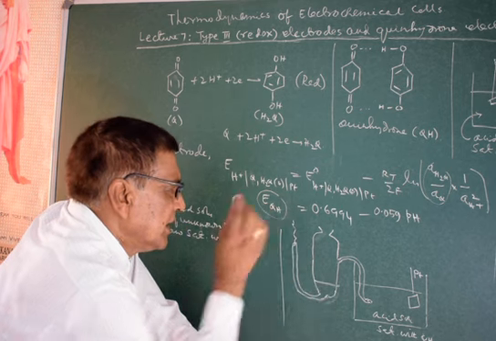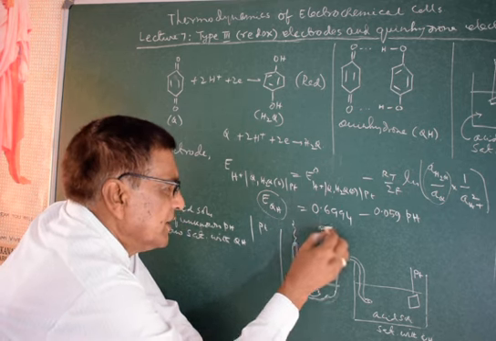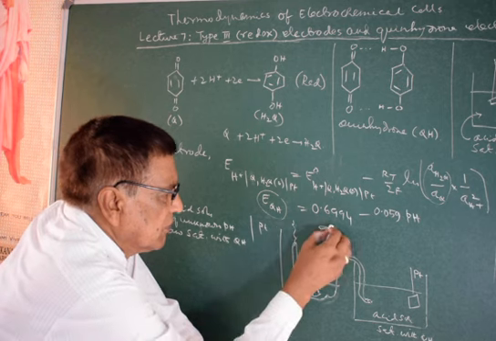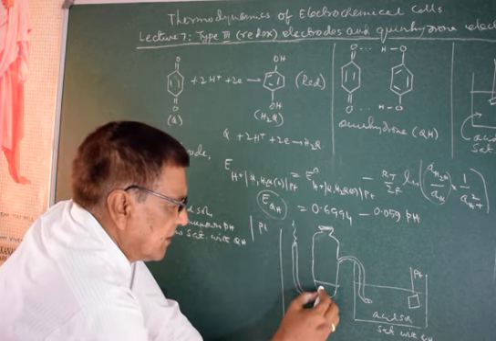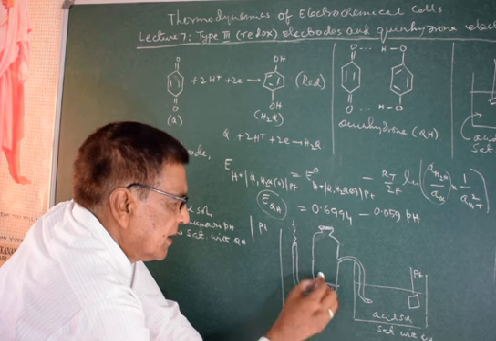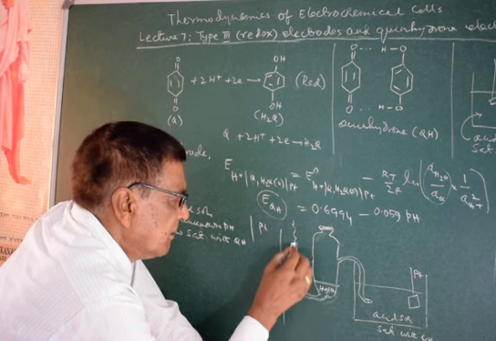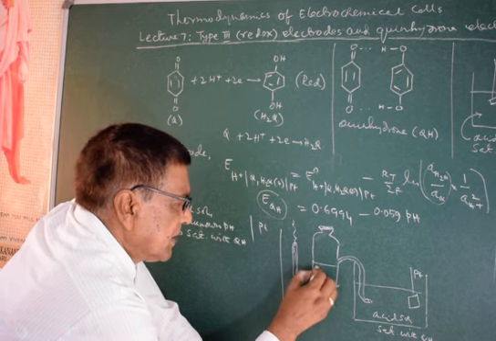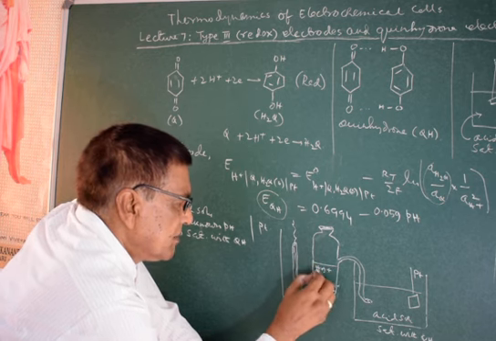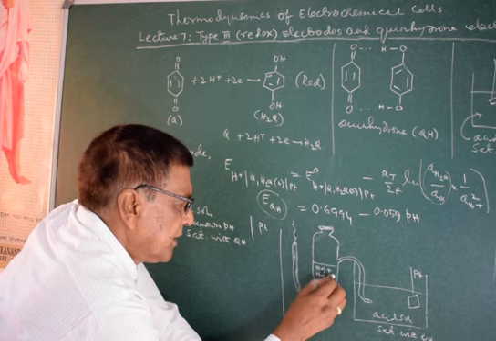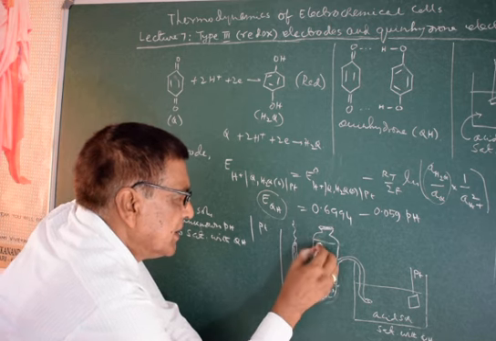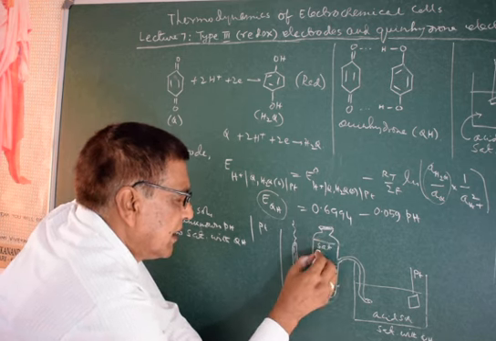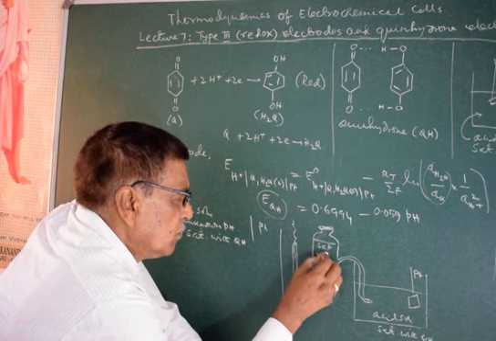Here the platinum is fused, here it is blocked, and here this mercury liquid, and here this mercury plus mercurous chloride, and here this saturated potassium chloride.